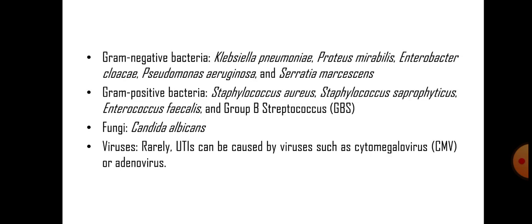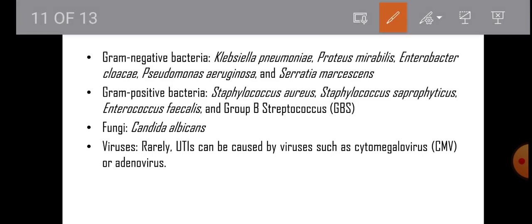What are all the common organisms causing UTI? This is very essential, and I have summarized all the things in a small table, right? Gram negative bacteria such as Klebsiella pneumoniae, Proteus mirabilis, Enterobacter cloacae, Pseudomonas aeruginosa, and Serratia marcescens are known to cause UTI. Gram positive bacteria such as Staphylococcus aureus, Staphylococcus saprophyticus, Enterococcus faecalis are also causing UTI.